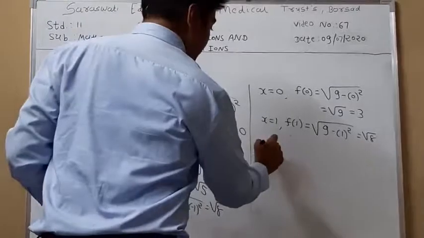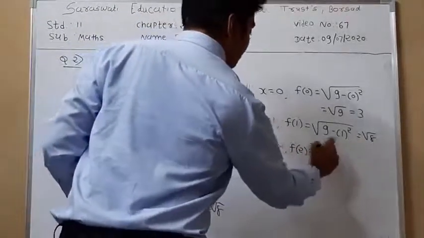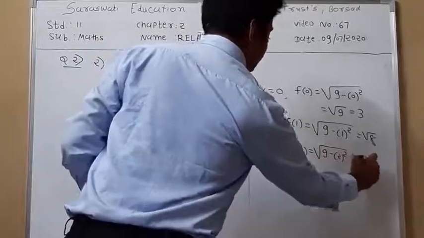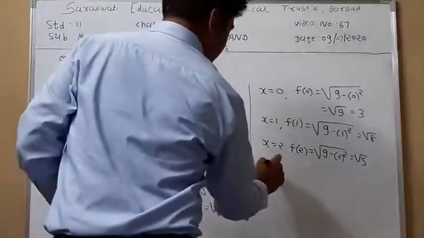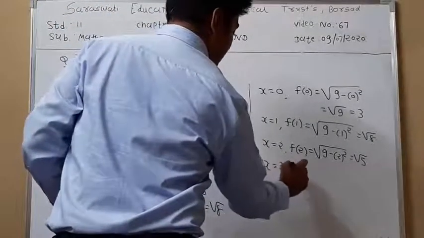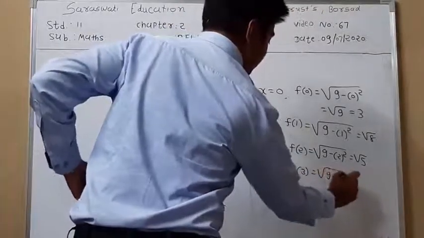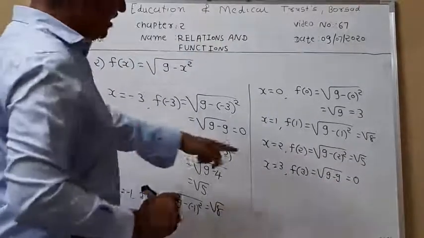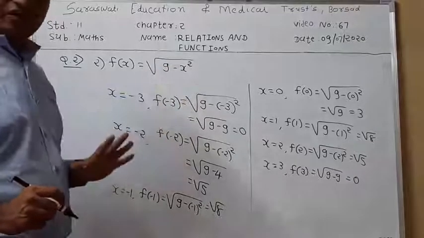Now substitute x is equal to 2. So f of 2 is equal to under root 9 minus 2 square, so again we get under root 5. x is equal to 3. So f of 3 is under root 9 minus 9, that means 0. Now if we substitute 4, we get a negative number.